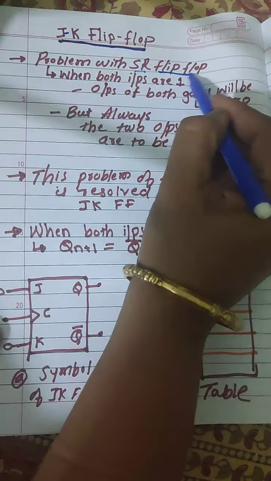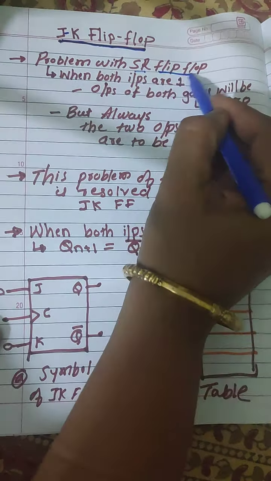The other modification is this: this is Q, this is Q bar. The top output Q is fed to the input of the lower AND gate. Similarly, the lower output Q bar is fed to one of the inputs of the upper AND gate.